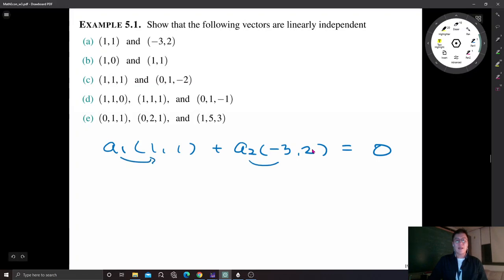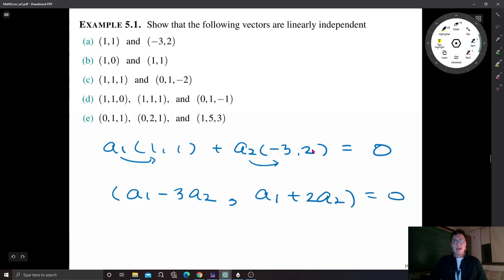Distributing a1 and a2, we have a1 minus 3a2 as the first coordinate, and the second coordinate becomes a sub 1 plus 2a sub 2. And this equals a zero vector defined in two-dimensional space, because these two vectors are two-dimensional.